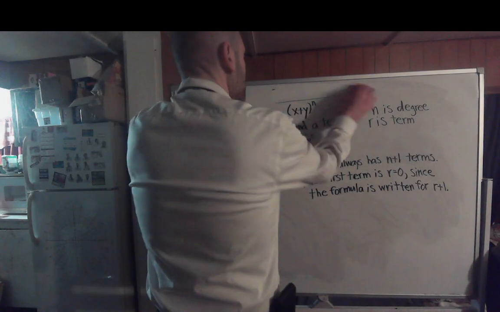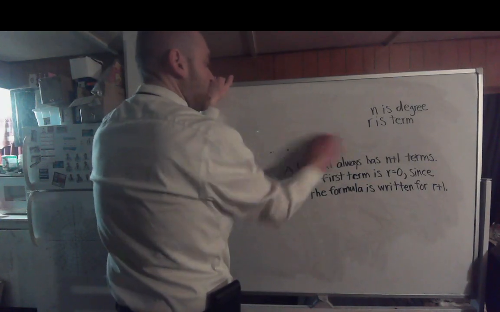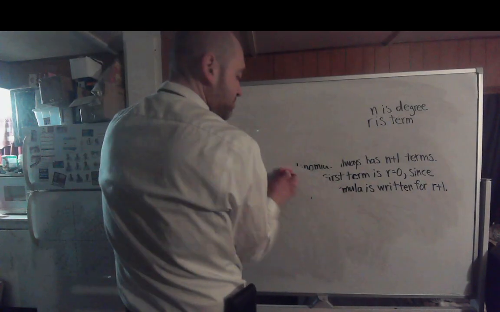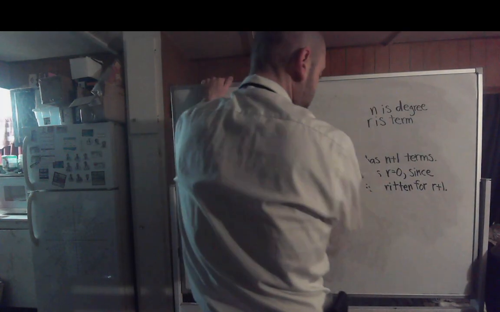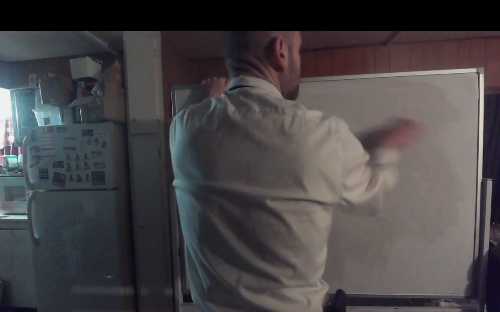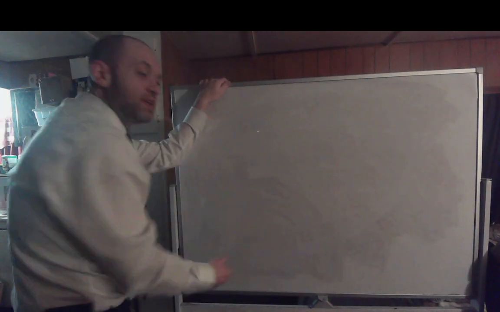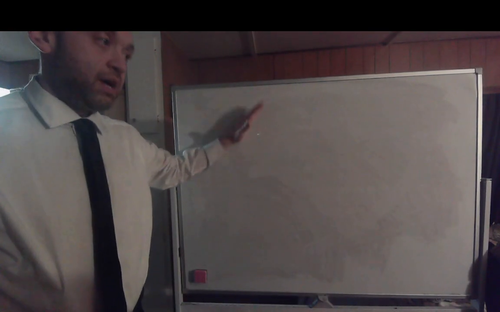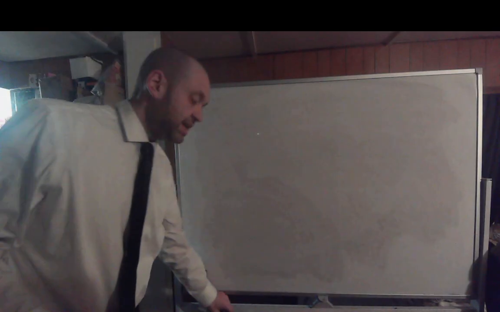In today's lesson, we're only going to find coefficients of a particular term or find an actual particular term. We're not going to expand these today. But in the next lesson, we will expand binomials, and I'll show you an easier way than fully using the whole formula.